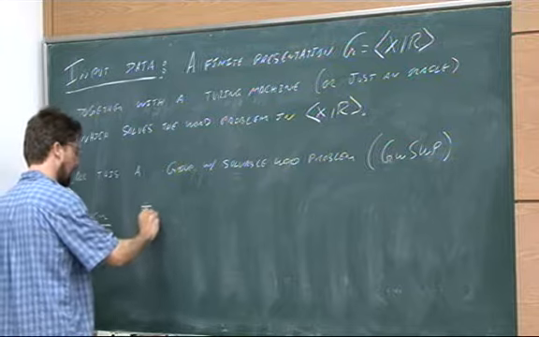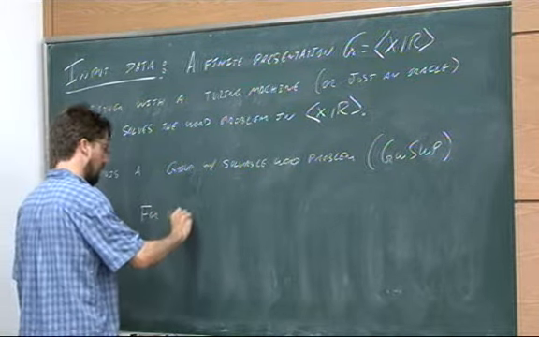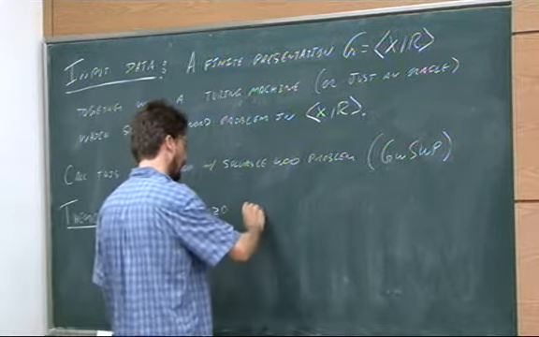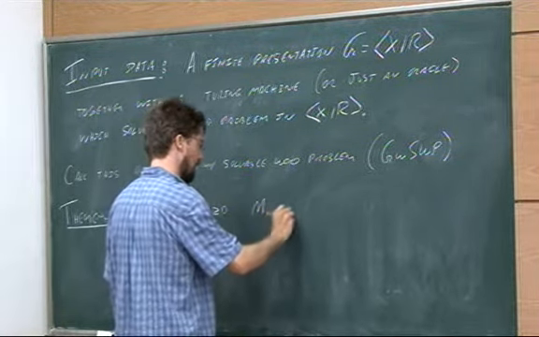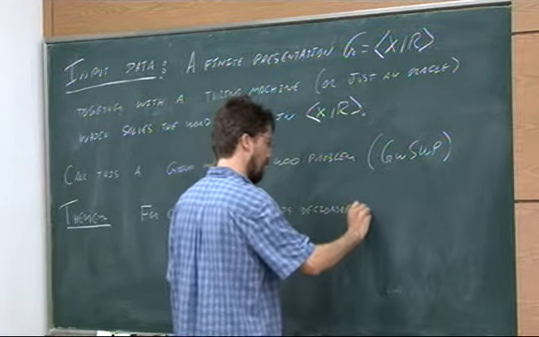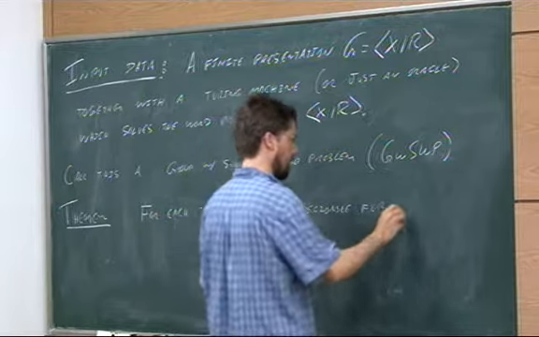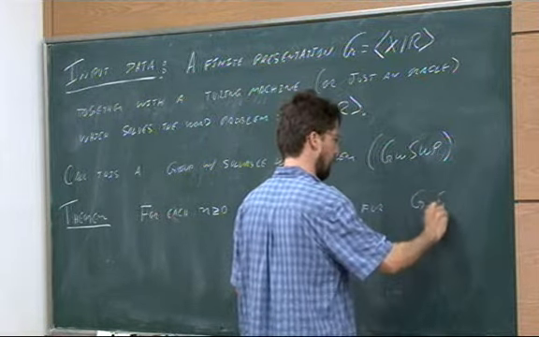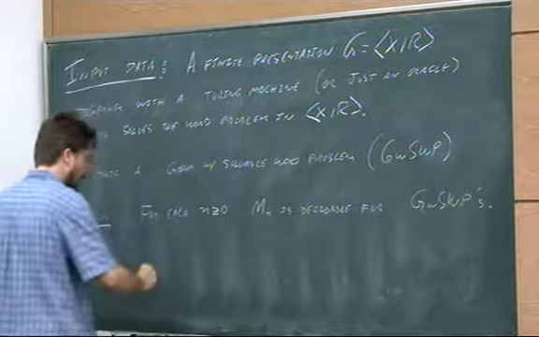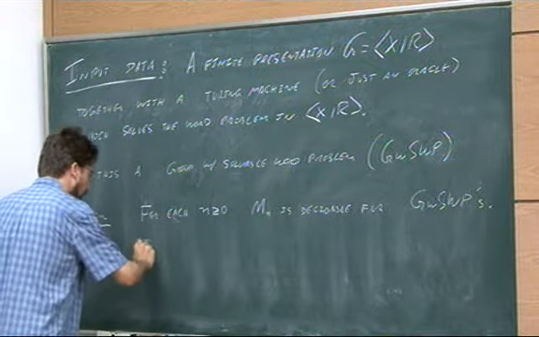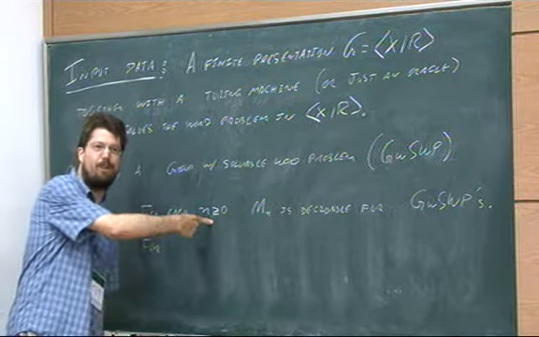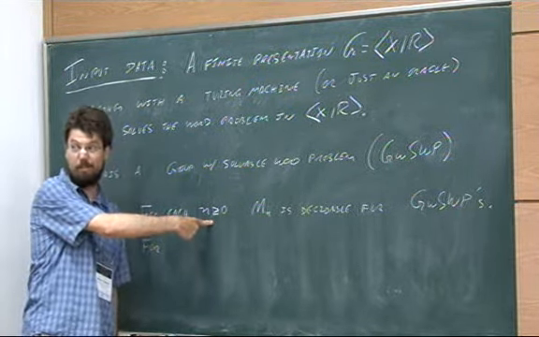So for each n greater than or equal to 0, m sub n is decidable for these groups with solvable word problems. And of course, when n is at least 4, I'm saying something completely trivial, as I pointed out before, right?